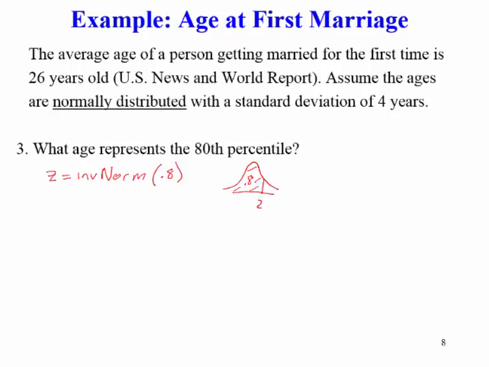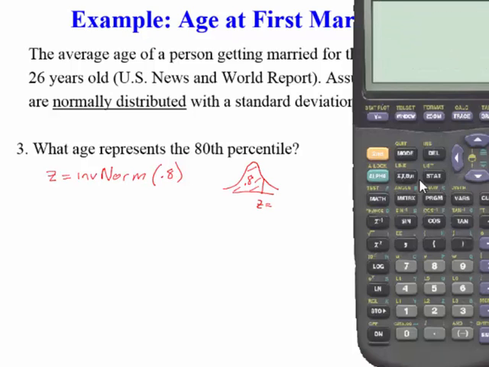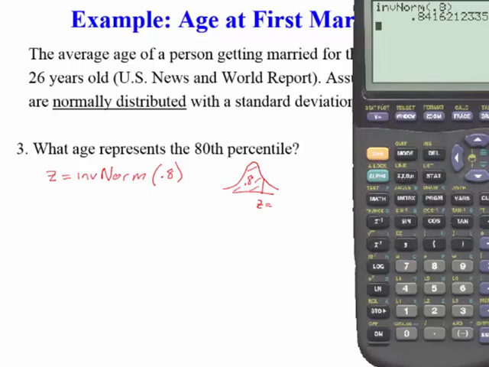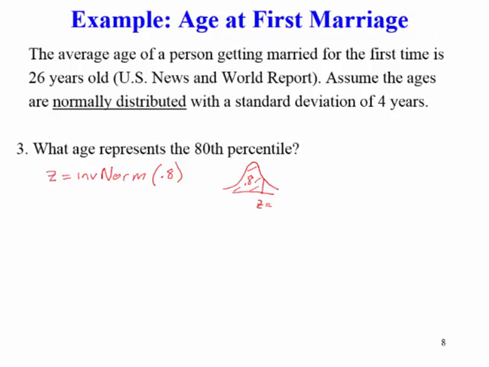So what z-score represents that? And we have to use the inverse normal on the calculator. Let me bring in the calculator. Okay, so we go to 2nd, distributions and roll down to 3 right here. Type in 0.8, close parenthesis, and we get a z-score of 0.84.